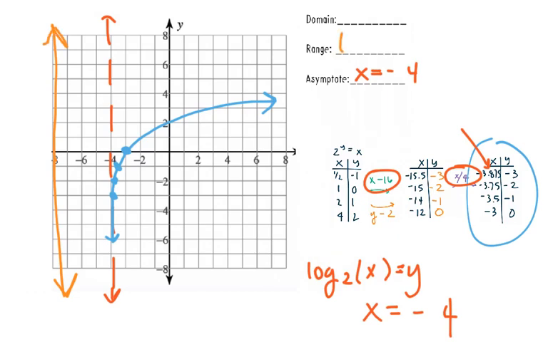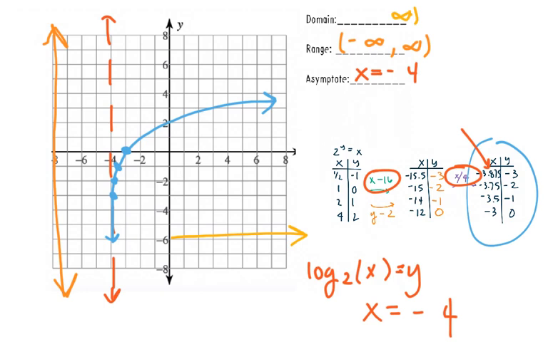So our range is going to be negative infinity to infinity. And then our domain, well, notice, the function is going to the right forever. It's for sure going to positive infinity. But you can see that the function basically starts at negative 4, right? We already plotted a point at negative 3.875.